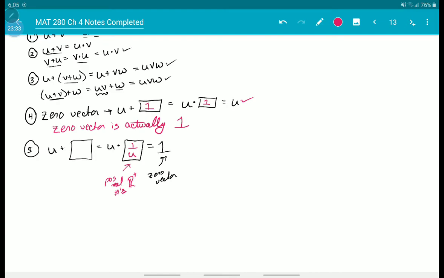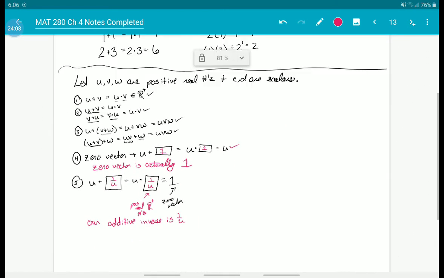Now keep in mind what R plus means. That does not include the number 0. So 0 does not live in this space. So there's our additive inverse. So all of your addition properties hold.